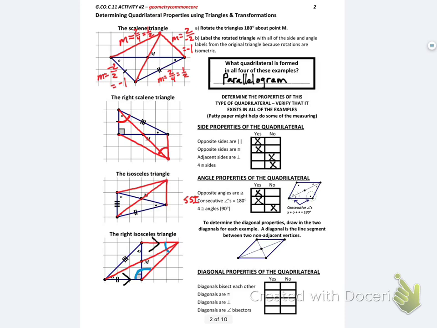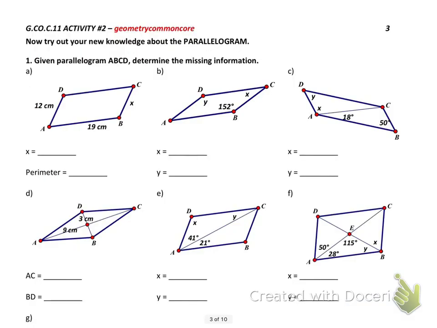And just to tie this all back together, remember, your questions are going to look like this. You're going to have diagonals cutting through the quadrilaterals, and you need to know things about the diagonals. You're going to have angles inside. You're going to have side measures, and you need to know all these different pieces of information.